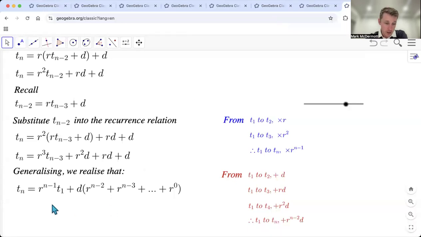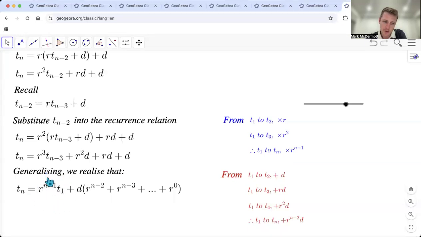Trying to generalize it is tricky, but what we're saying is every term, for example term 3, contributes an R squared. So if we're going to the nth term, you're going to multiply by R to the power of n minus 1 times. That's just for the geometric part of it.